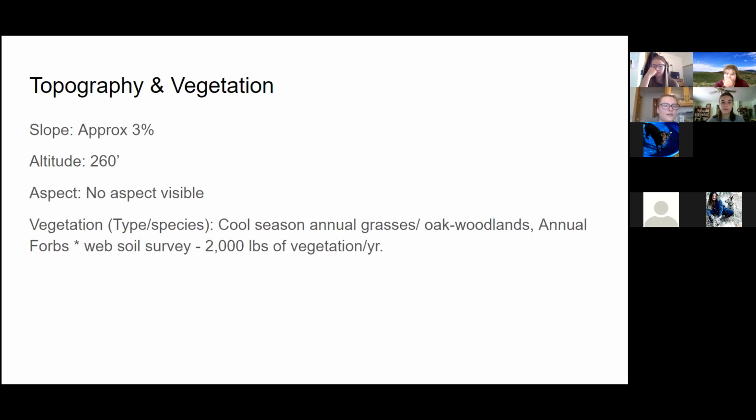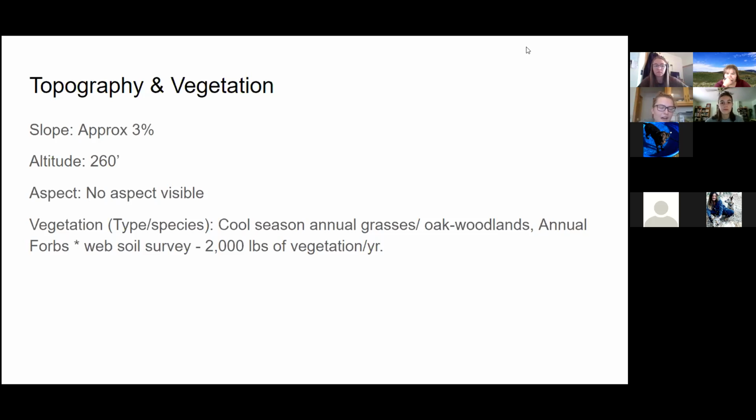All right, so about the topography and vegetation in Browns Valley location, we approximated the slope to be around 3%. As you can see in the photograph, there wasn't much slope. The altitude there is about 260 feet.